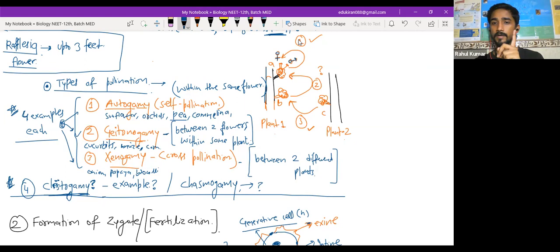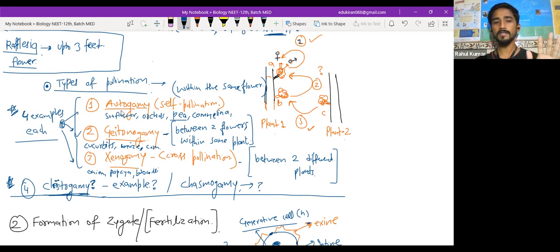Now, first scenario is that the male structures, the stamen, the anther of the same flower pollinates the stigma of the same flower. Yes, and this is called autogamy, complete pure autogamy or self-pollination.